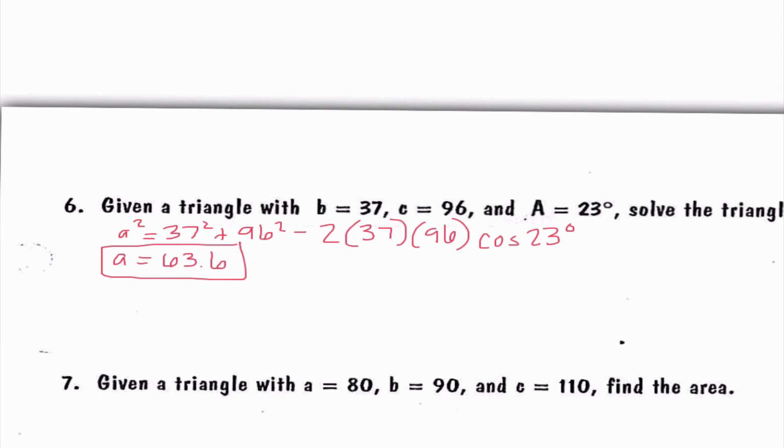So now I know all three sides, and I'm going to go ahead and find one of our angles. And once again, if you guys want to use law of cosines to find the angle, totally fine. It's really open-ended. I'm going to use law of sines again, though.